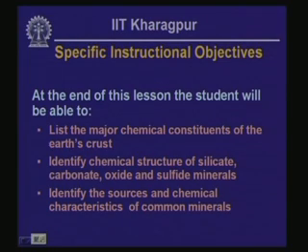These are the major building blocks of the crust of the Earth, as we will see in the course of this lesson. And finally, we are going to identify the sources and chemical characteristics of common minerals, in other words, how these types of individual minerals form. We are going to briefly discuss those items.